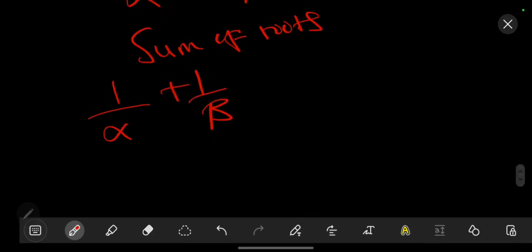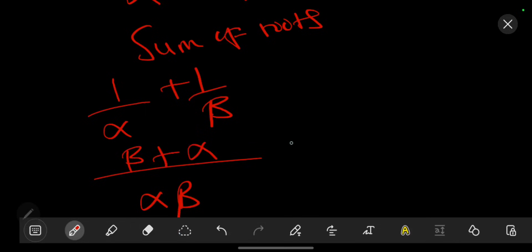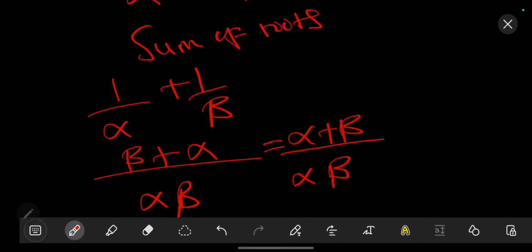So we add using the same approach, alpha beta. Then we have this multiplied by that, so we are going to have beta plus alpha. Then this will give us alpha plus beta over alpha beta like that. So this is what we have for this problem.